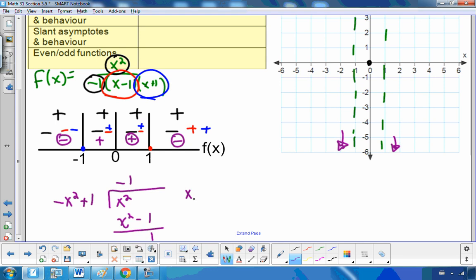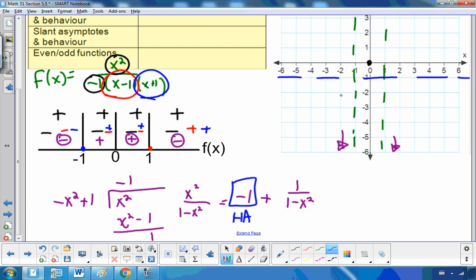So that means my function x squared over 1 minus x squared is the same as negative 1 plus 1 over 1 minus x squared. So this is my horizontal asymptote. I have a horizontal asymptote at negative 1.